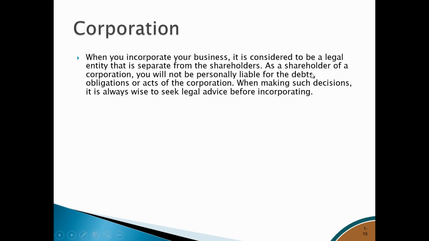So as a shareholder of a corporation, you will not be personally liable for the debts and obligations of the corporation, which means if the company goes into bankruptcy and still owes money to banks, they won't come after the shareholders. When making decisions, it's always wise to seek legal advice before incorporating.